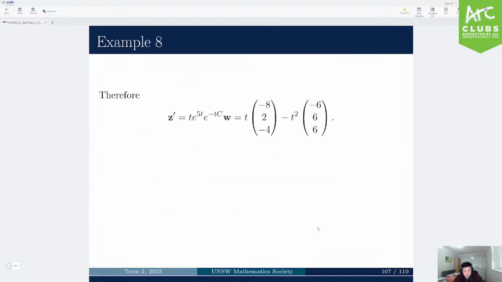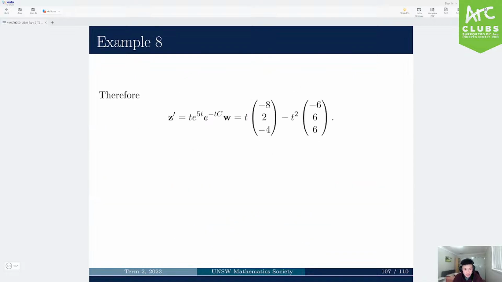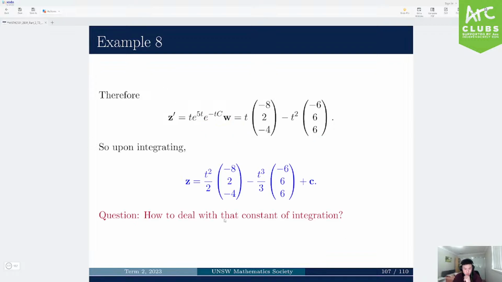Therefore, we found that e^(-tC) times w is this expression. If we re-plug that expression into here, we get z'(t) equal to this, and we just want to integrate with respect to t to get our expression for z.